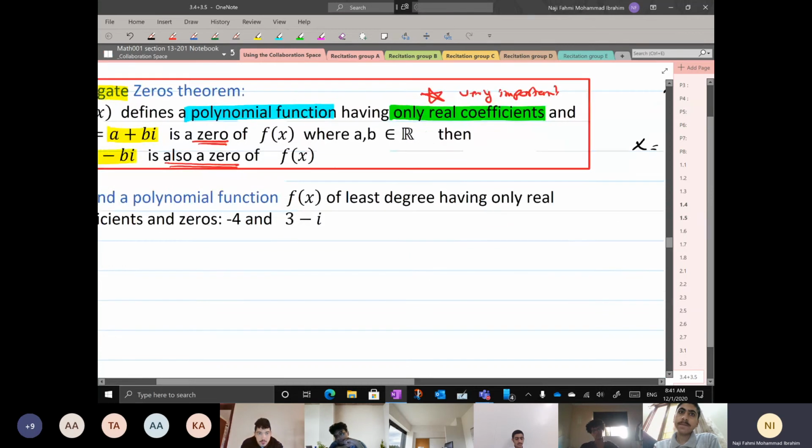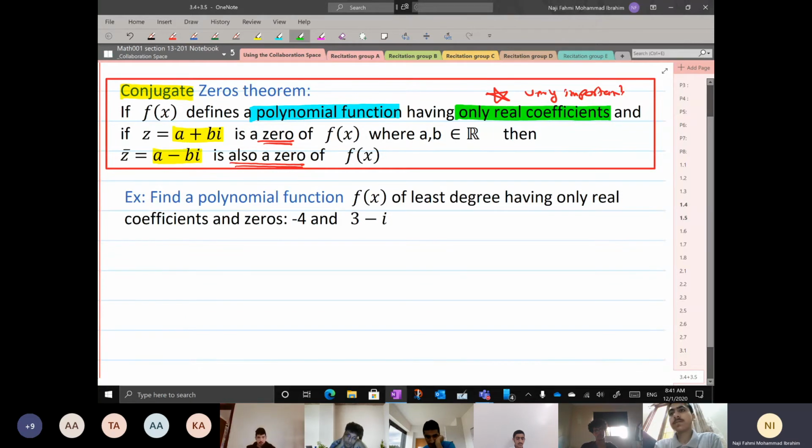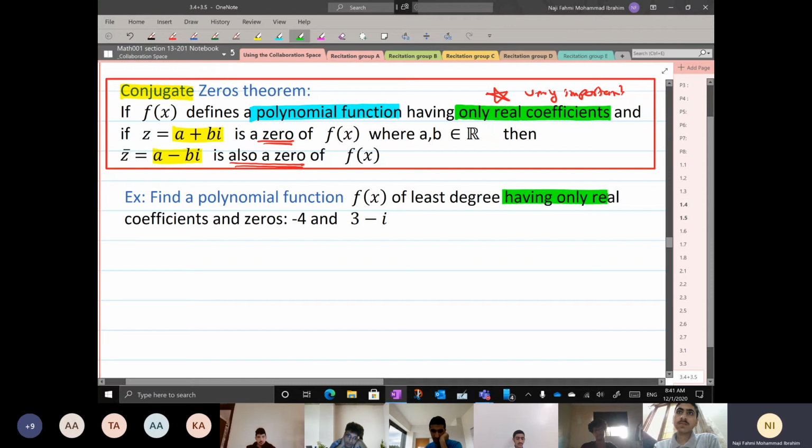But again, I repeat, this is true only if all the coefficients of the variables are real. Let's take an example on this. What does it say in the next example? Find a polynomial function f of x of least degree, having only, this is very important, real coefficients, and zeros negative 4 and 3 minus i.